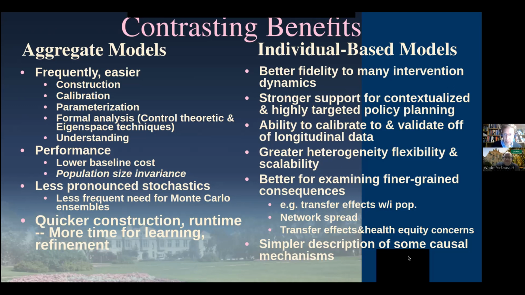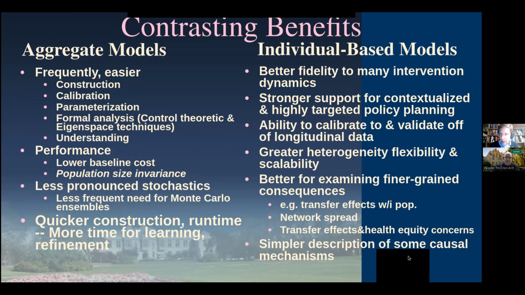And we can examine interventions that are highly targeted in ways that really are not readily addressable in any plausible fashion with aggregate models. We can calibrate and validate from longitudinal data, which is often a very important class of data for understanding dynamics, rather than the sort of evolving cross-sectional view given to us by aggregate models.